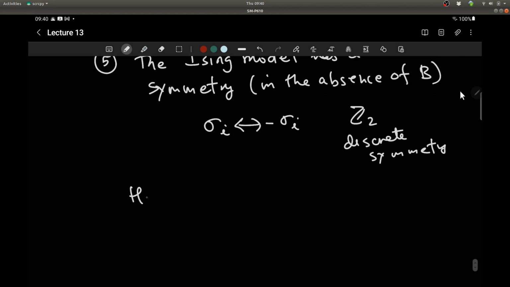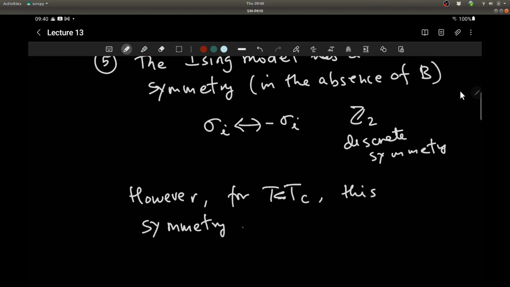However, for t less than tc, this symmetry is broken. Broken in the sense that if you take the ferromagnetic thing where everything is up, it takes you from that solution to down.